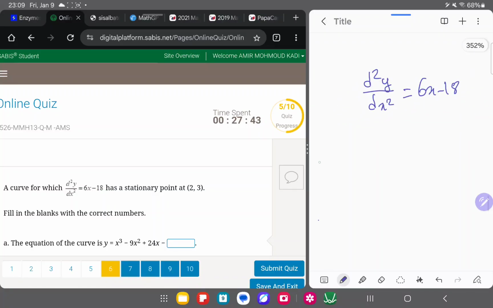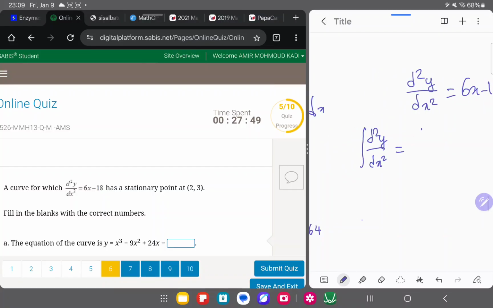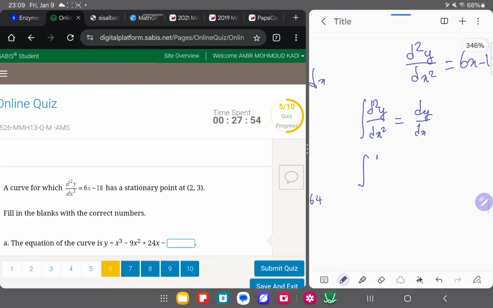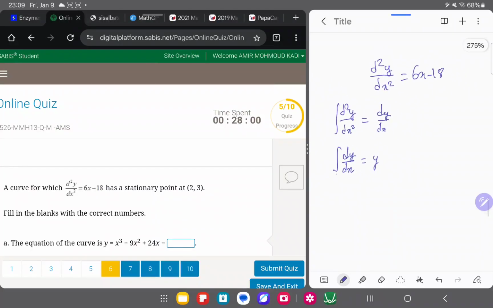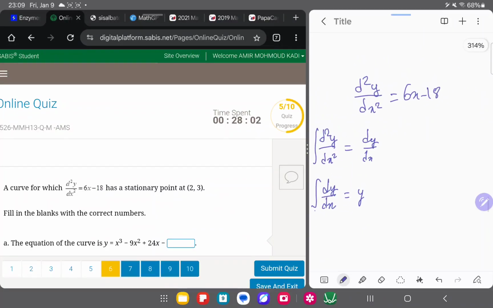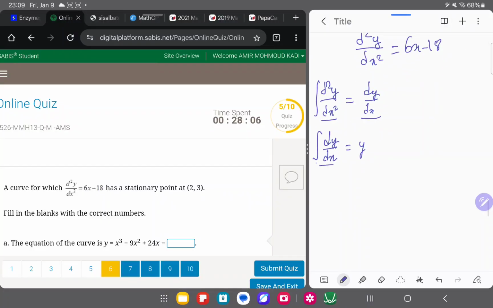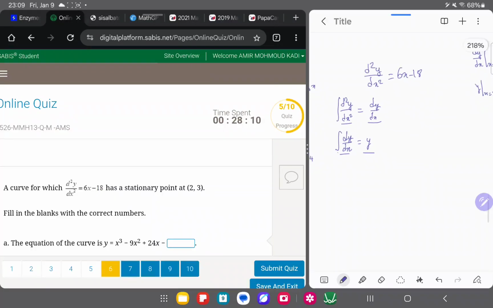We should know the following. The integral of the second derivative is equal to the first derivative, and the integral of the first derivative is equal to the initial graph, equation, function, whatever. So we'll start with integrating the second derivative to get the derivative, and then integrate the derivative to get the y formula.